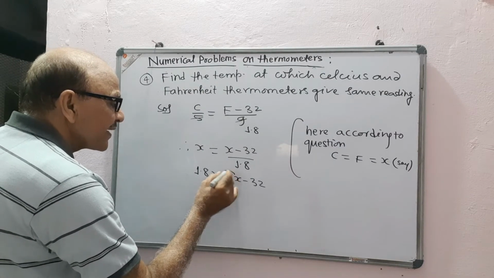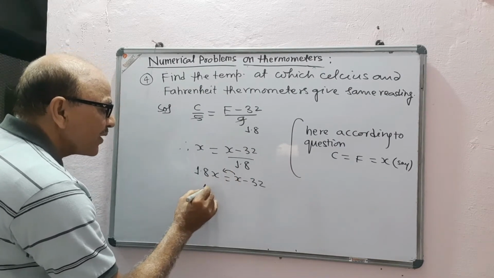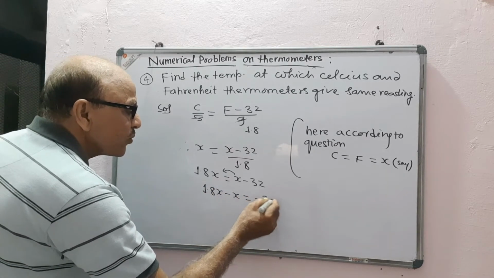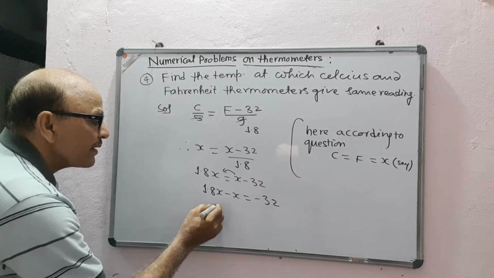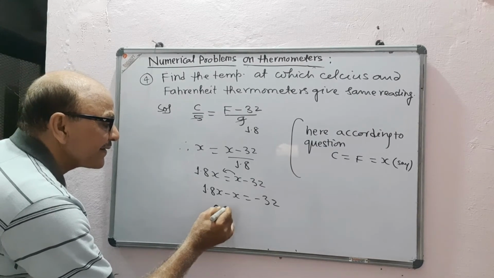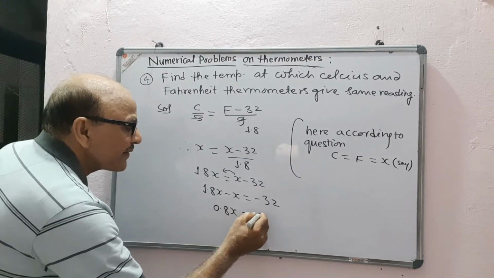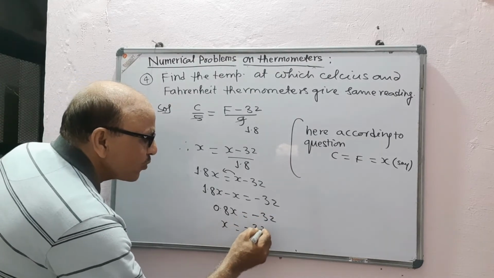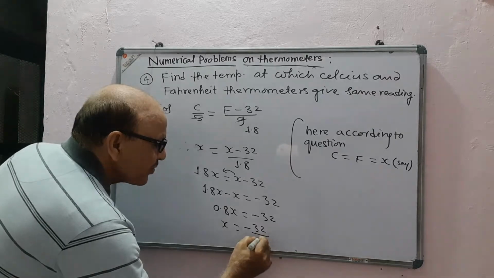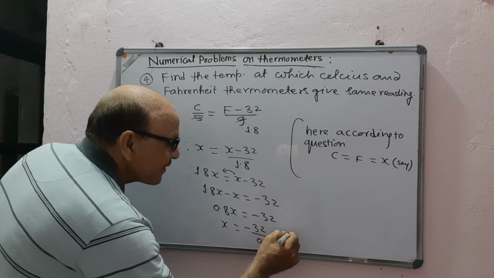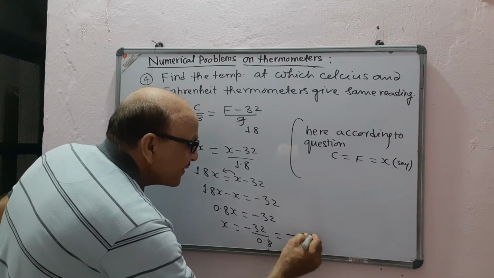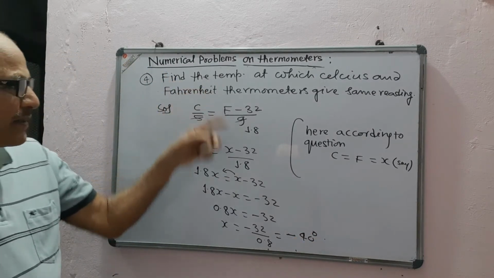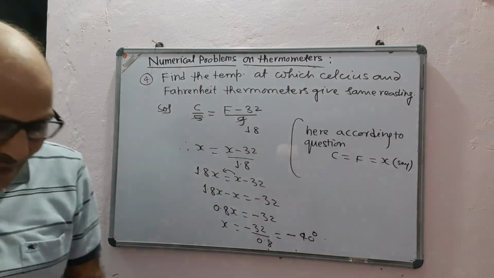Next, this X goes here, so 1.8X minus X is equal to minus 32. 0.8X is equal to minus 32. X will be equal to minus 32 upon 0.8, means minus 40 degrees. So at minus 40 degrees the readings of both thermometers will be the same.